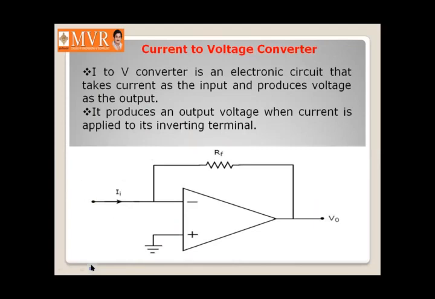Here you can see the input current is directly given to the inverting input terminal of the op amp, and the non-inverting terminal is grounded, and the feedback is provided with the help of the RF resistor, the feedback resistor. In the same way, we are going to write the nodal equation.